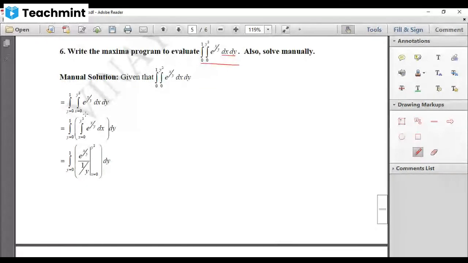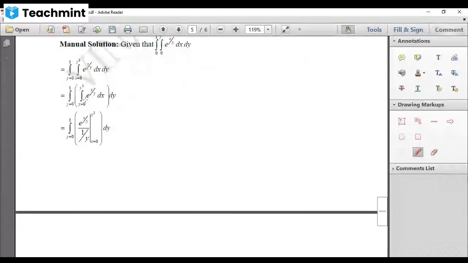This is e to the power of x by y. You cannot separate the terms in the function, so write as it is. Now, when you are integrating with respect to x, you note that your y is constant. So 1 by y is constant here. What is the integral of e to the power of x by y? e to the power of x by y divided by, what is the integration of this power? 1 by y.